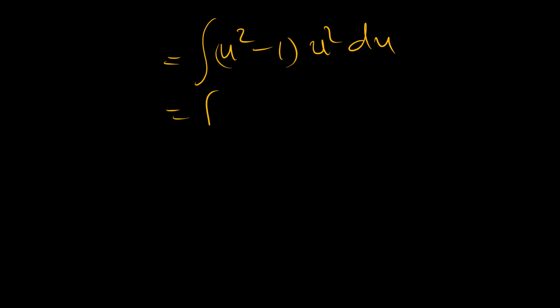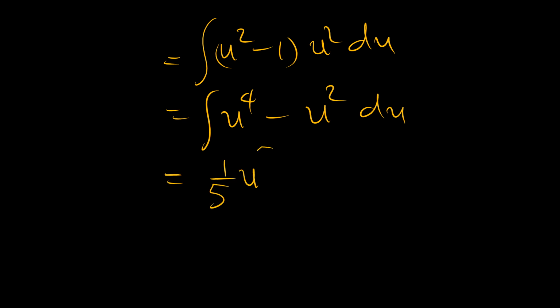So which means that our problem now, in the u domain, is u squared minus 1, u times u is u squared du, which is now equal to u to the 4 minus u to the 2 du, which is the same as a fifth u to the 5 minus a third u to the 3 plus integration constant.